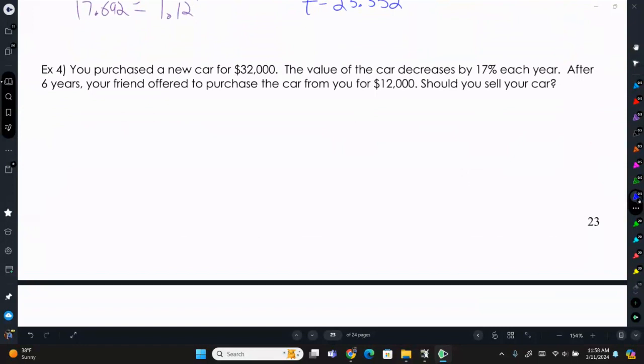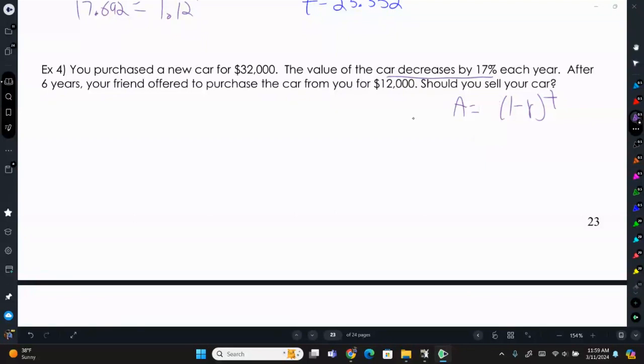Right now, example 4 says you purchase a new car for $32,000. The value of the car decreases by 17% each year. After 6 years, your friend offered to purchase the car from you for $12,000. Should you sell the car? So because we are decreasing in value, it's going to be A equals P times 1 minus r raised to the t power.